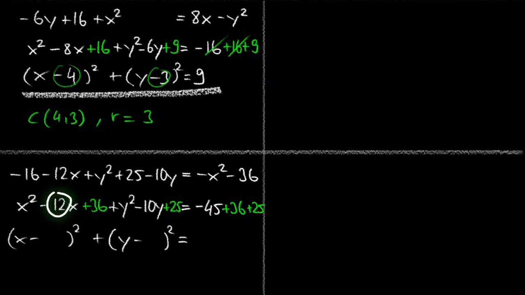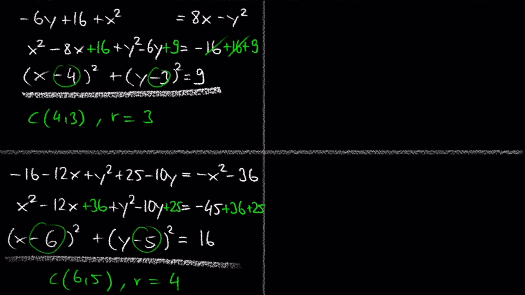The half of 12 is 6, and the half of 10 is 5. 36 plus 25 is 61, and 61 minus 45 is 16. So the center is 6, 5, and the radius is the square root of 16, which is 4.